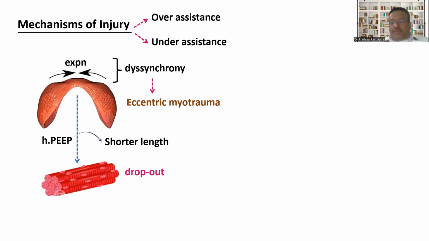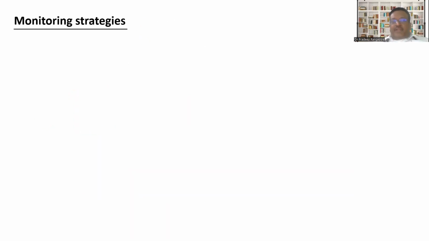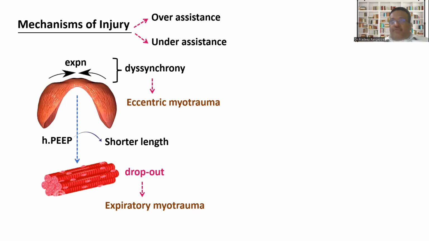If you provide high PEEP, more than what is needed for the patient, that leads to shortening of the fibers in the diaphragm and dropout of the myofibrils within the diaphragm, and that is called expiratory myotrauma. This myotrauma term is used distinctly for the diaphragm. And now we have understood the types of injuries to the diaphragm that can happen with under ventilation, over PEEP or under PEEP.